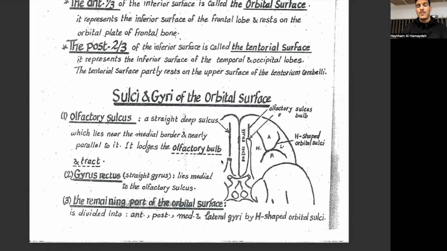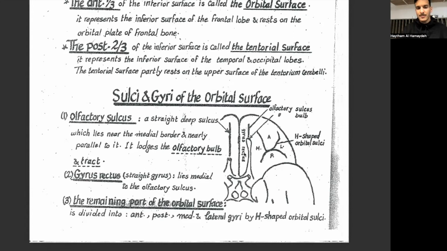It lodges the olfactory bulb and tract. The olfactory bulb is part of the way where the olfactory nerve passes through to reach the higher controlling structures of your brain that help you sense smell.